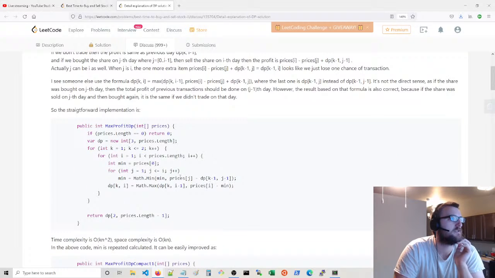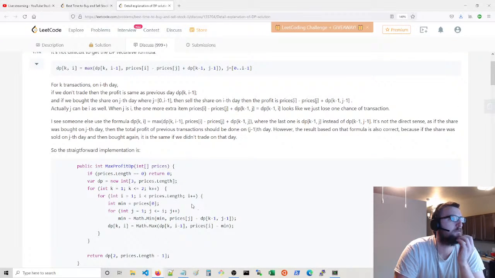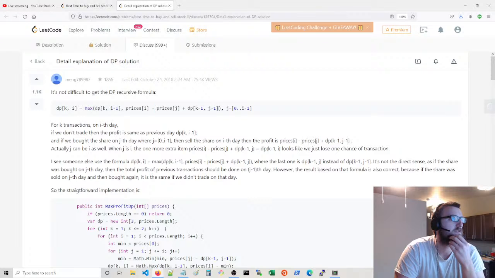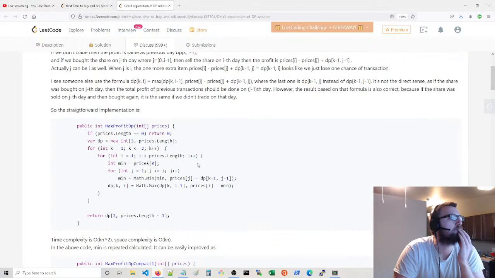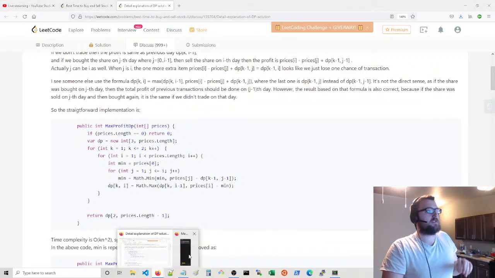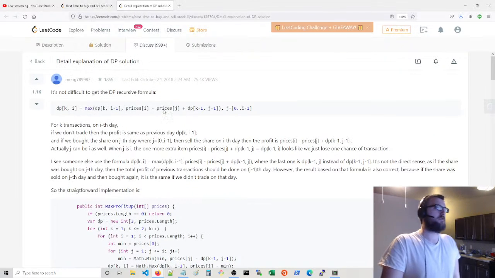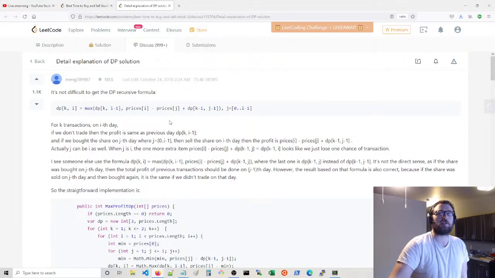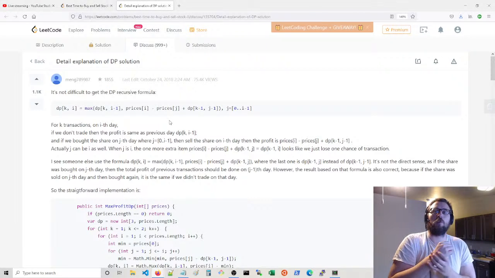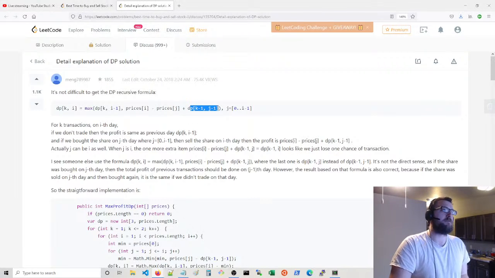I think the minimization was over these values. So you want the best price that you can get for all the possible points, if you're going to sell here, all the possible points before that where you could have bought, while also considering the DP for that too.